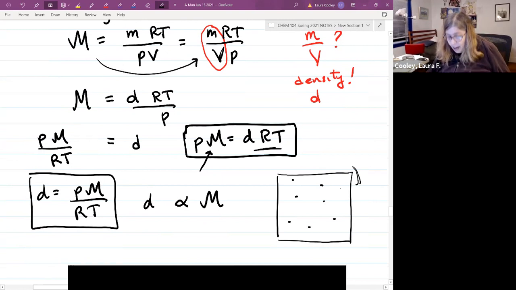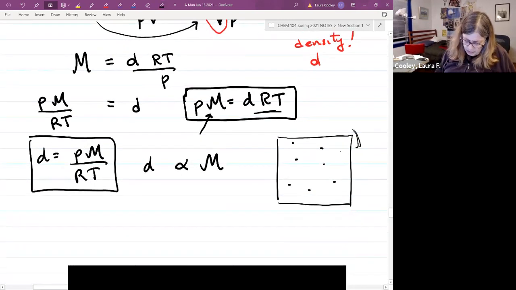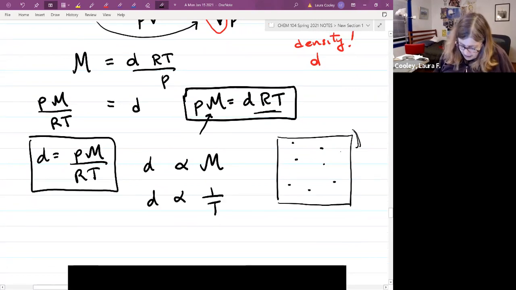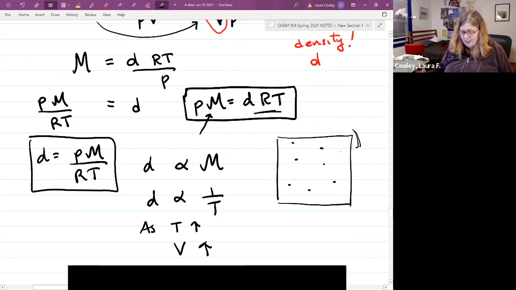And those tiny dots each weigh more because the molar mass is bigger, then the density is going to be greater. So the density is proportional to the molar mass, but you'll also notice it is inversely proportional to the temperature. So as the temperature goes up, what happens to the volume? Volume goes up, but it's the same mass in that volume.